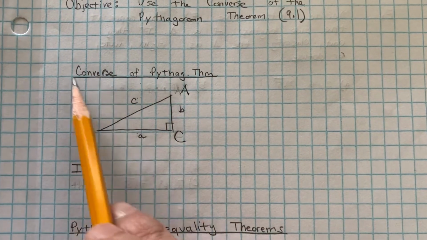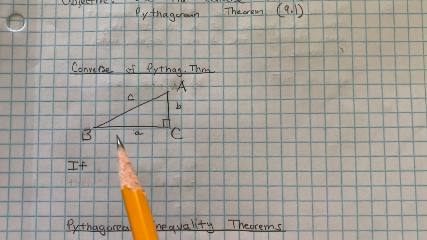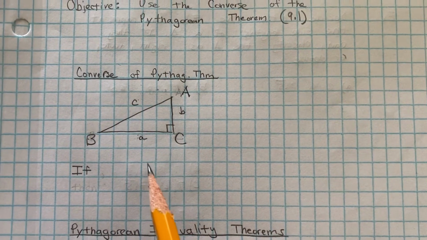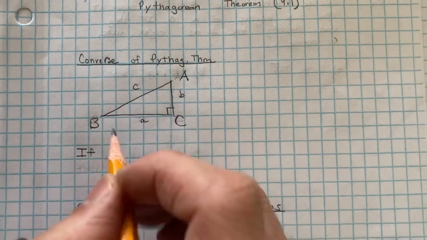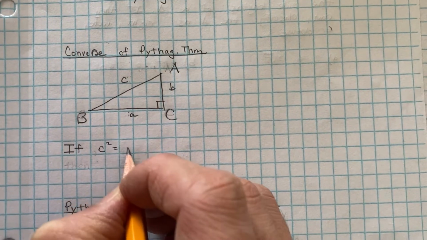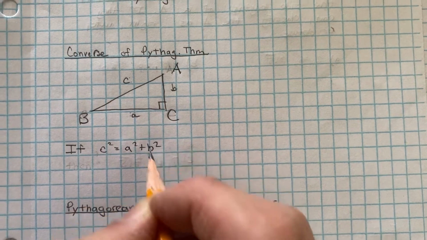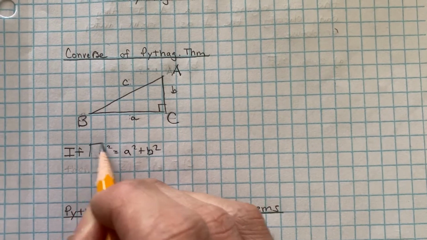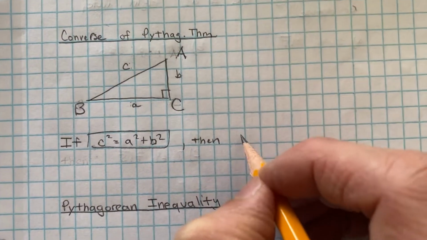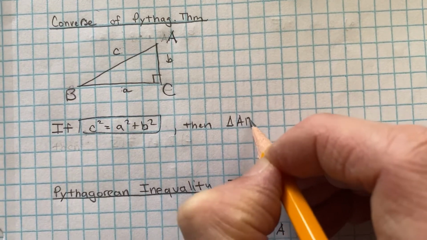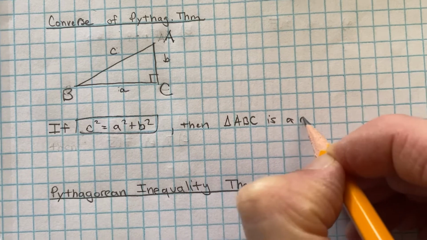Okay, so the converse just switches that statement up. Instead of saying if it's a right triangle, then c squared is equal to a squared plus b squared, you could say, if c squared is equal to a squared plus b squared, then triangle ABC is a right triangle.